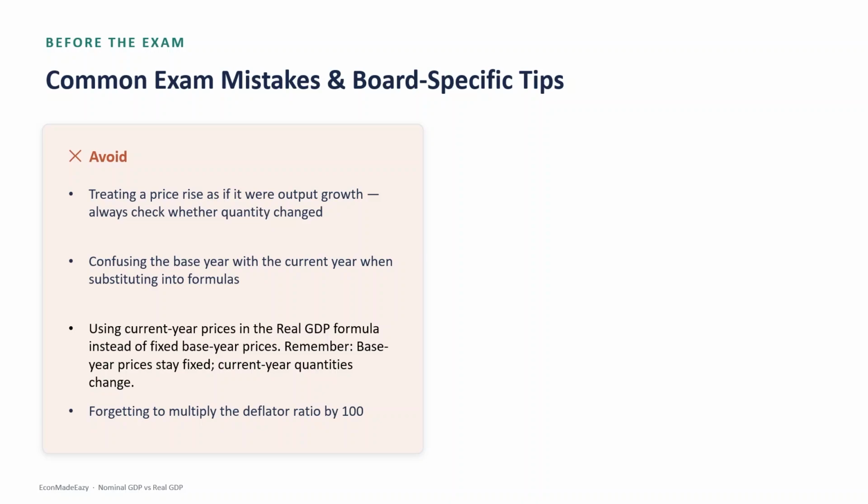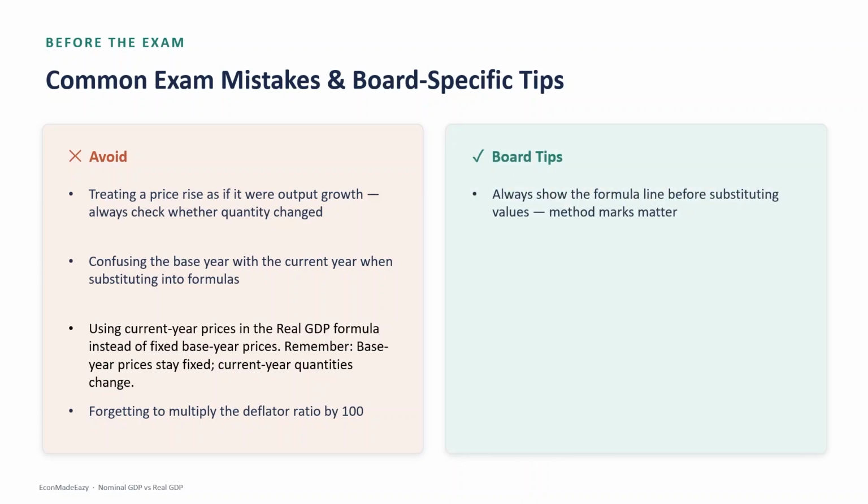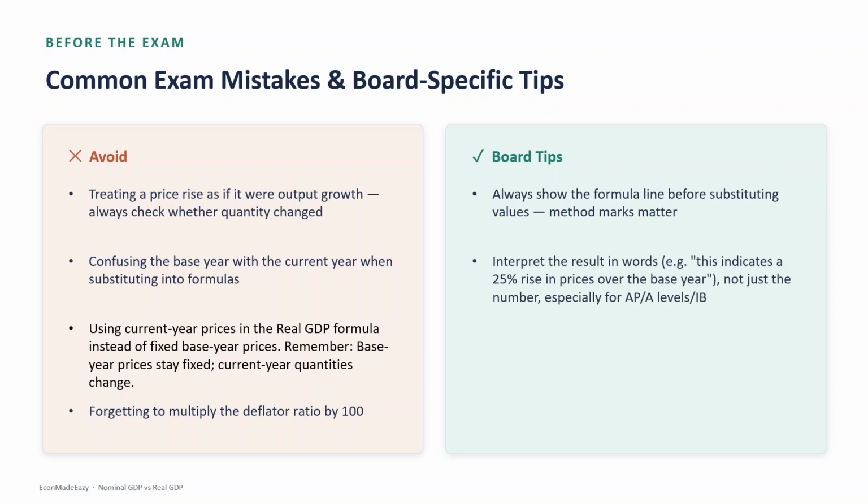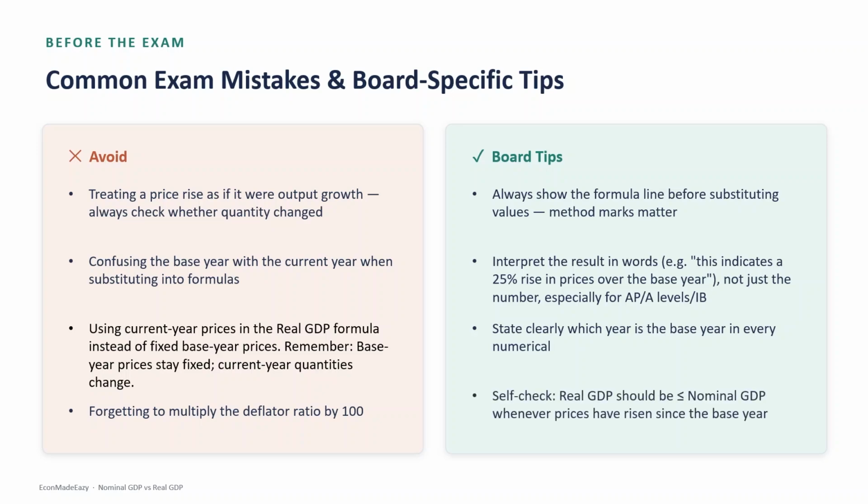Also remember, these are a few board tips. In the examination, always write the formula before substituting the values. You should interpret your final answer in words, especially in case you're attempting AP or A levels, and also clearly state the base year. Finally, you should use this quick self-check. If prices have risen since the base year, nominal GDP will normally be higher than real GDP.